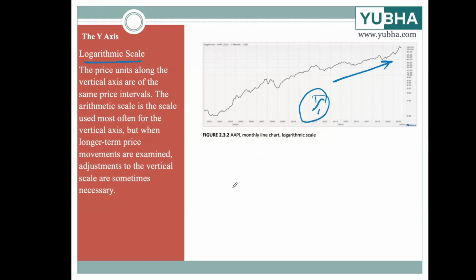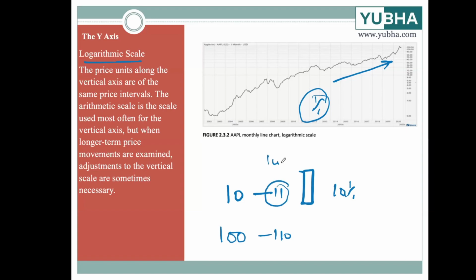So on a log scale, if the prices move from 10 to 11, which is a 10% move, the size of that bar will be the same as once the price moves from 100 to 110. In the arithmetic scale, this would be a 1 unit movement. This would be a 10 unit movement. But in a log scale, this will also be a 10% movement because the prices have moved from 100 to 110.